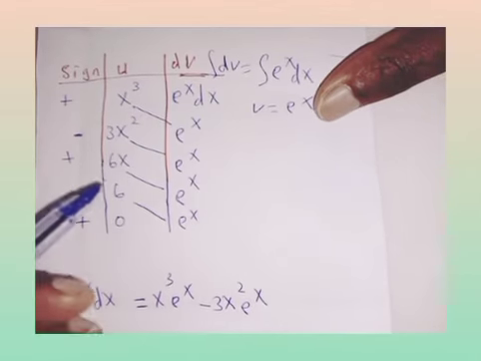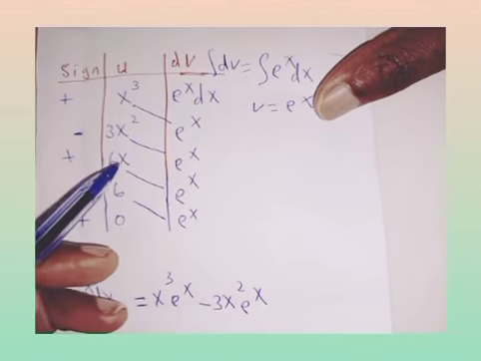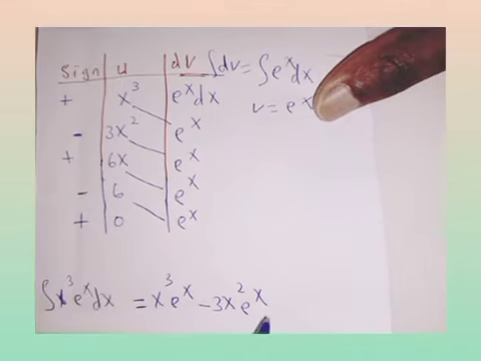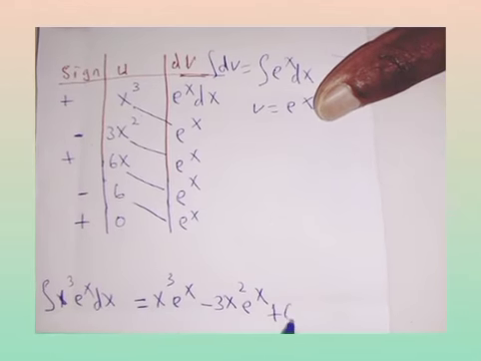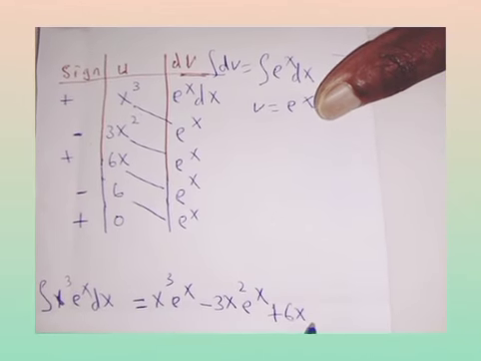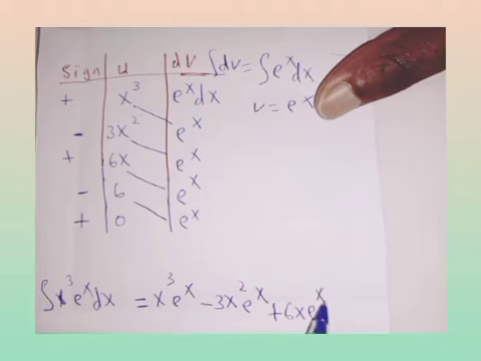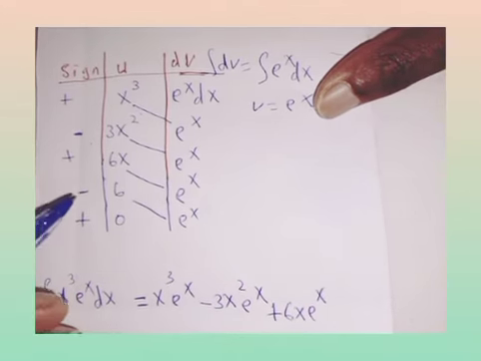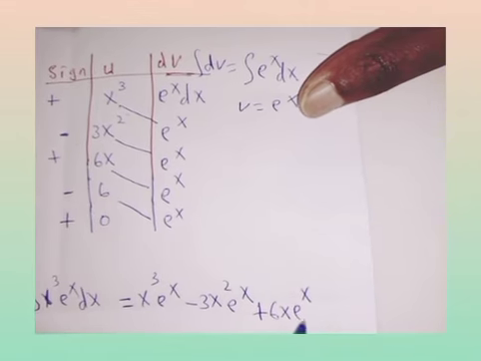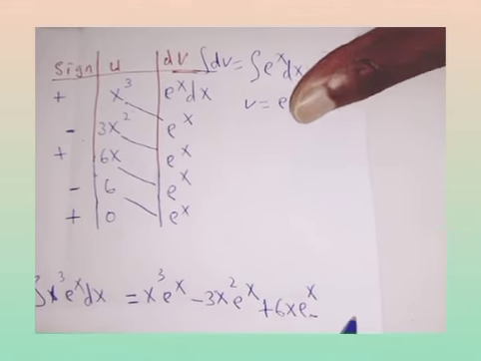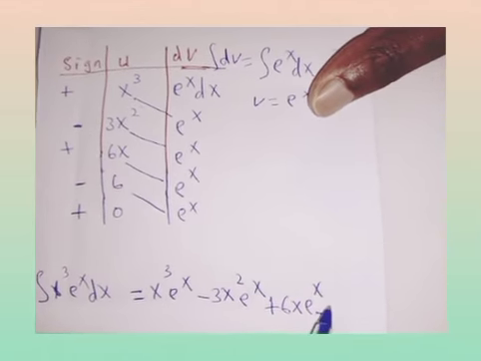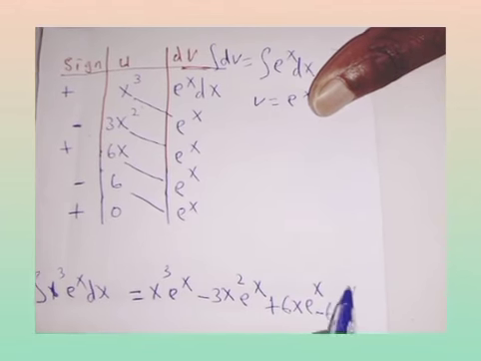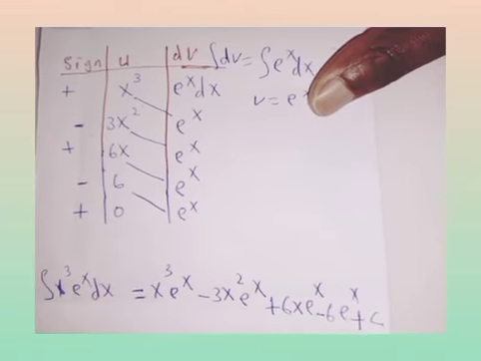The third one is positive, so plus 6x multiplied by exponential x. The other one is minus, so minus 6 exponential x, of course, plus a constant.